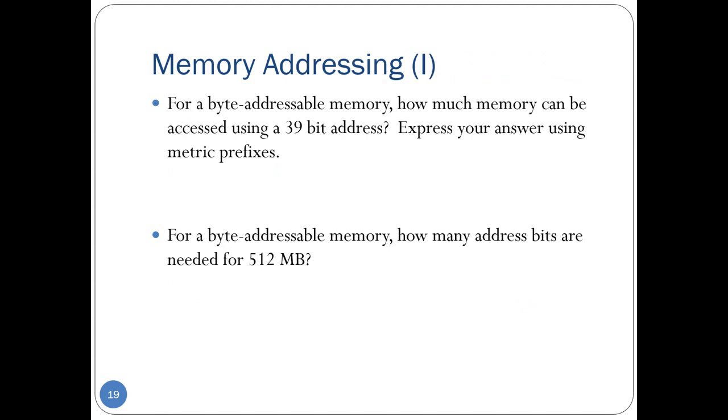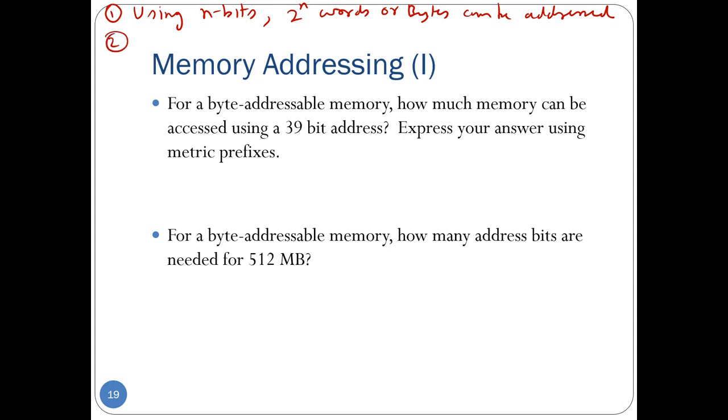All right, so to solve the problems on memory addressing, you again should remember the two important rules that we talked about in the class. The first is, using n bits, we can address 2 to the power n words or bytes. This is the first rule.